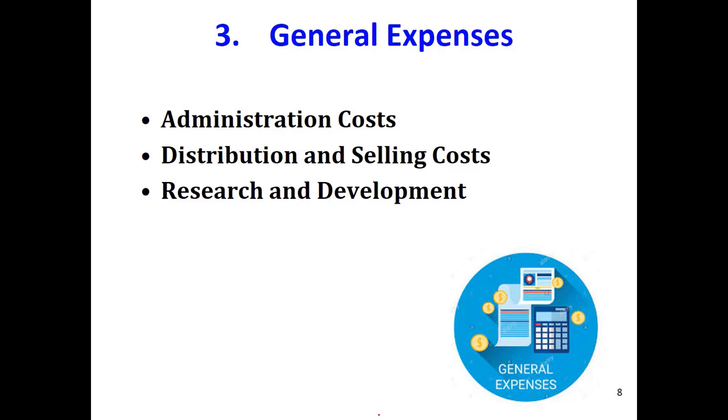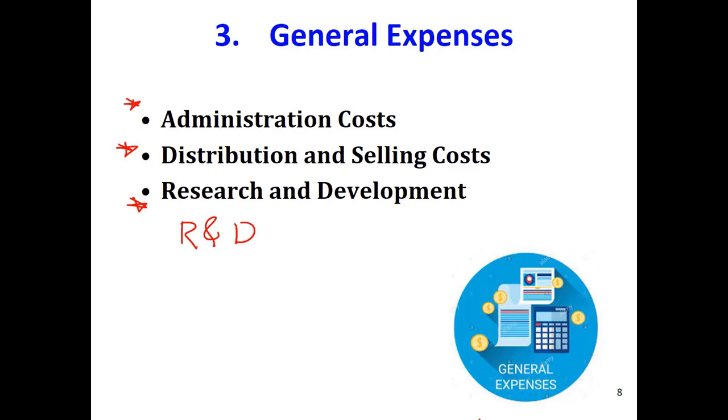General expenses are another expense that we have in the process. It can be administration cost, selling, distribution, marketing, and also research and development, which they usually call R&D. So we have direct cost, fixed cost, and general expenses.